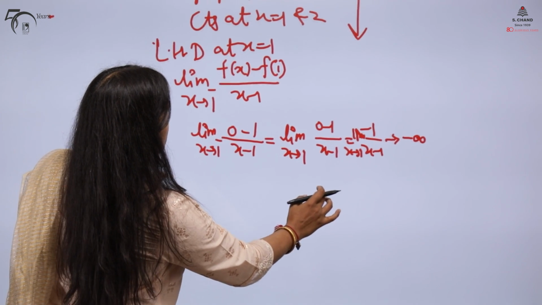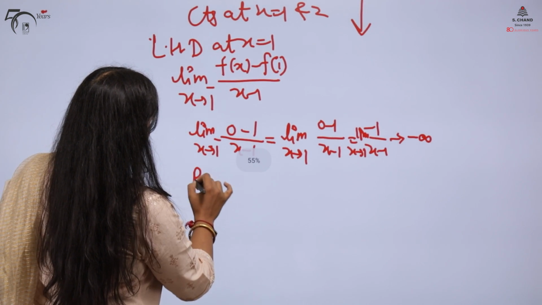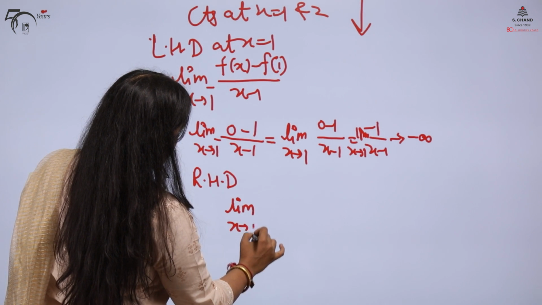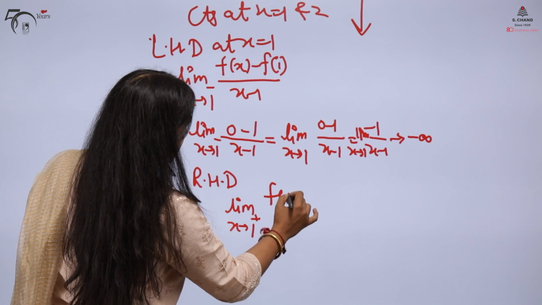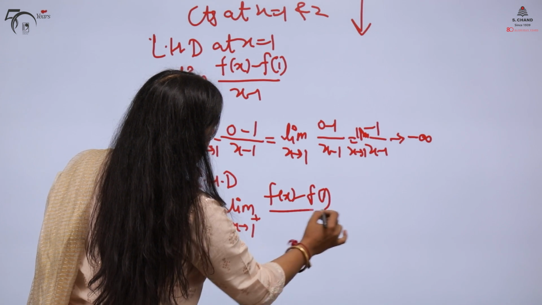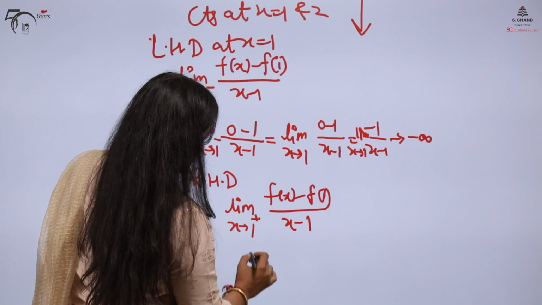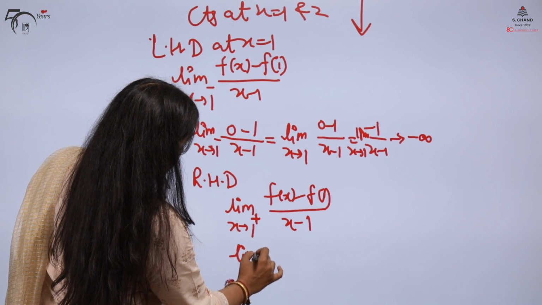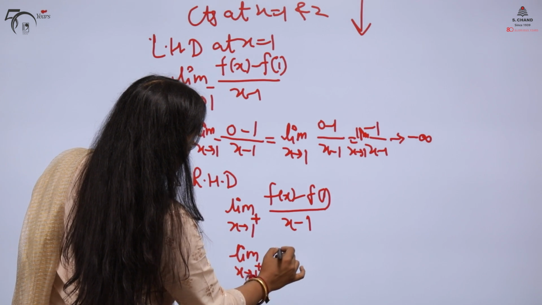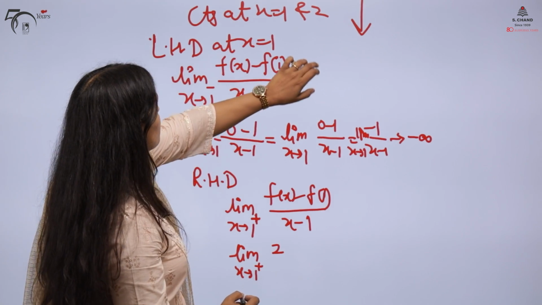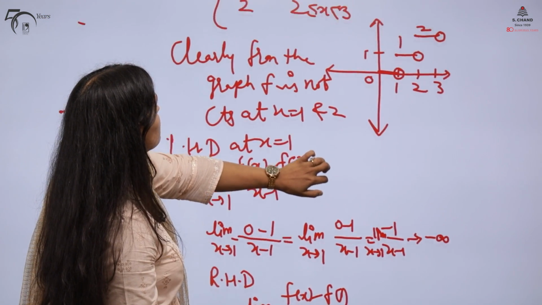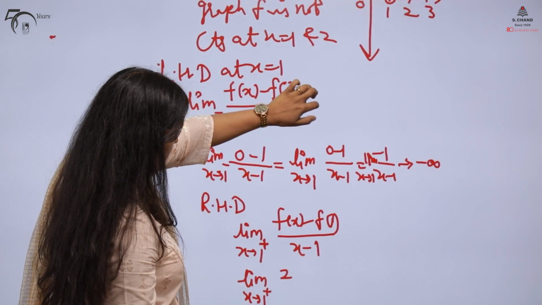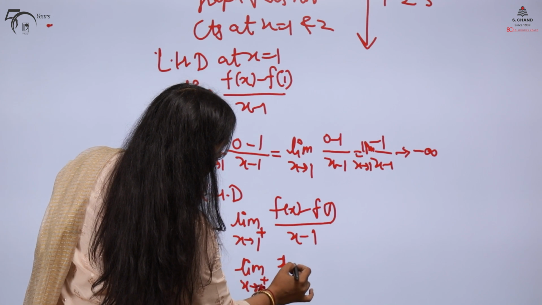Now, I will be checking the right hand limit at this particular point. So, now the right hand limit, x tending to 1 positive side, f of x minus f of 1 upon x minus 1. Again from the definition, when you are moving to the positive side of 1, f of x is 1 and f of 1 is 1.